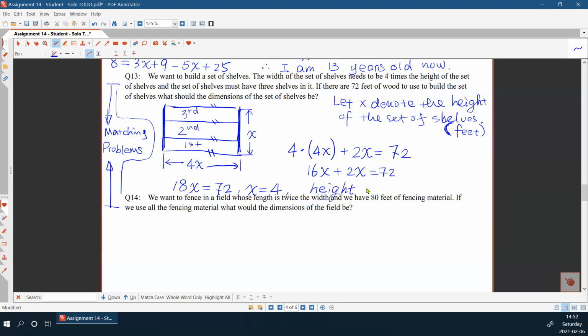So that means the height is 4 feet. So how about the width? That means the width is 4x, right? 4x is 16, so the width is 16 feet. This is our dimension, okay? Because it asks for the dimensions, that means you should give both the height and width, okay? Any questions?